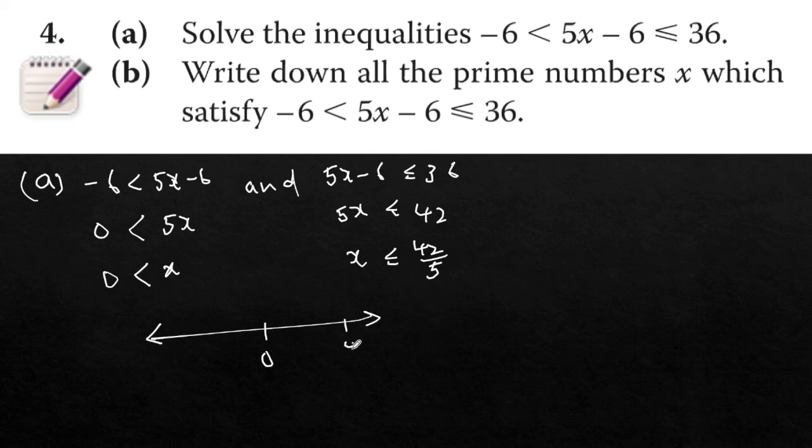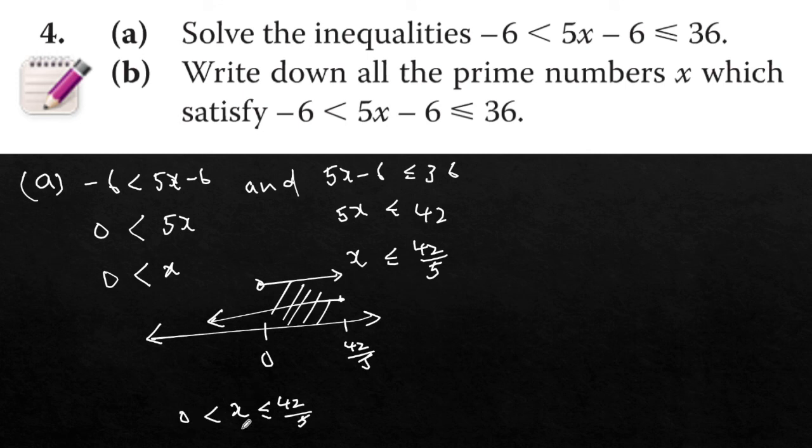On the number line, 0 and 42 over 5. So x is less than here, and x is more than 0. So this is where it overlaps. That means x is less than or equals to 42 over 5, and at the same time more than 0. For part B, you have to write down the prime numbers that satisfy this.